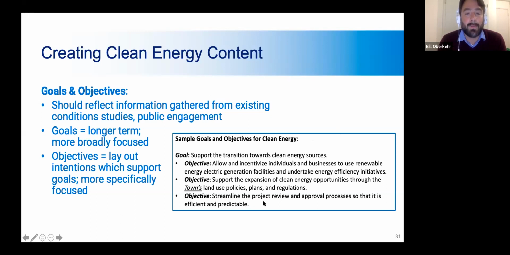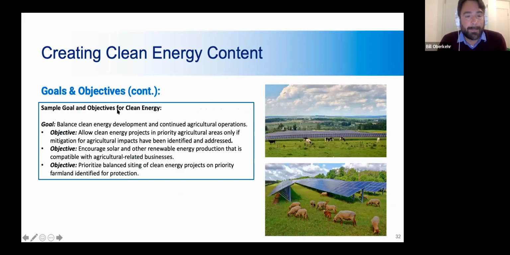So our third method is to have clear and transparent permitting guidelines for renewable energy projects. Pretty simple stuff. There are going to be a lot of goals and objectives on the coming slides. I'm going to go through less and less of them as we go on.